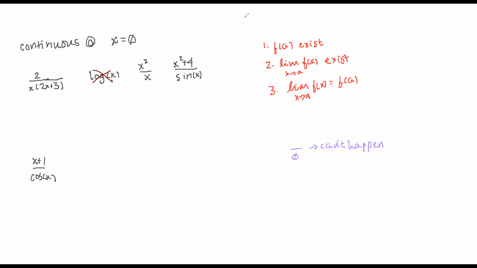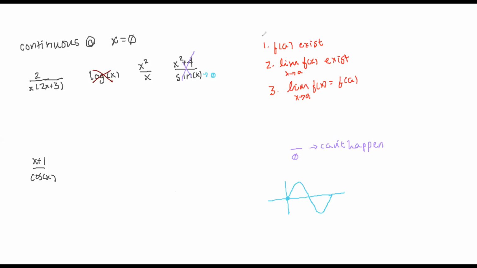For instance, over here, if we were to have a graph of sine of x, sine of 0 is equal to 0. So this would turn into 0 plus 4 over 0. And we would end up with divided by 0, which means that that's outside of our domain. We can't have that happen.